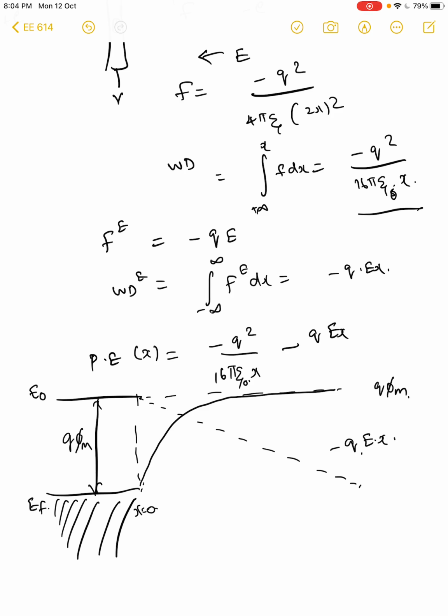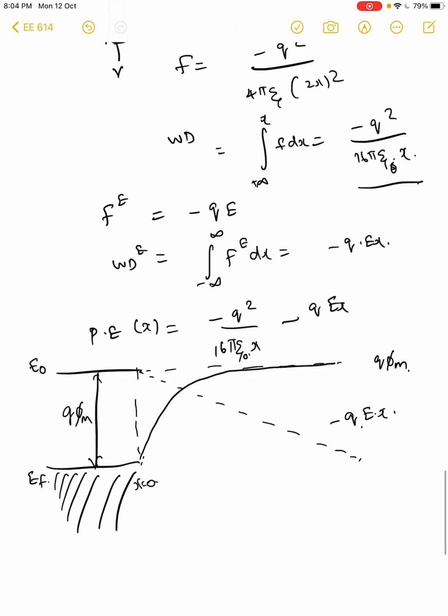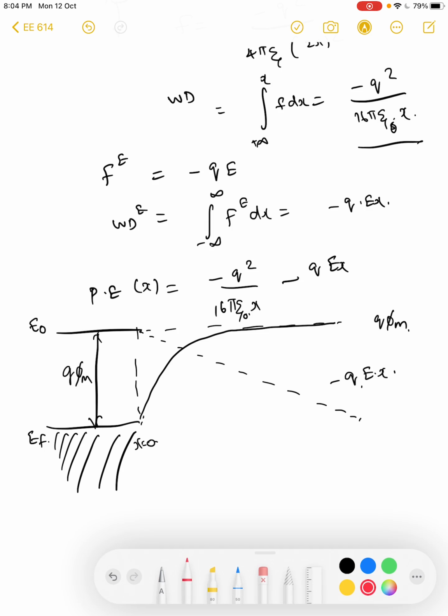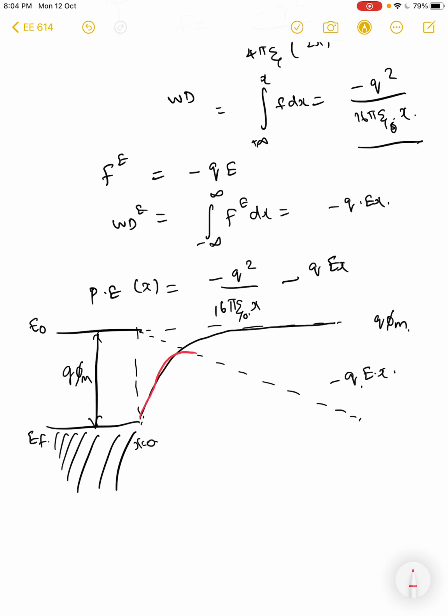So the actual summation of both of them will turn out to be, I'm going to draw this in some other color, which undergoes a maximum at x is equal to xm, and there is a suppression of the work function, which is initially q psi m, to a value del psi, right?